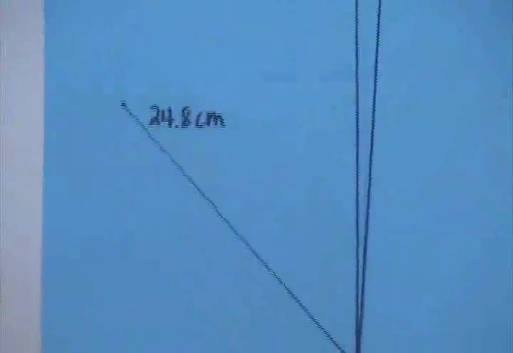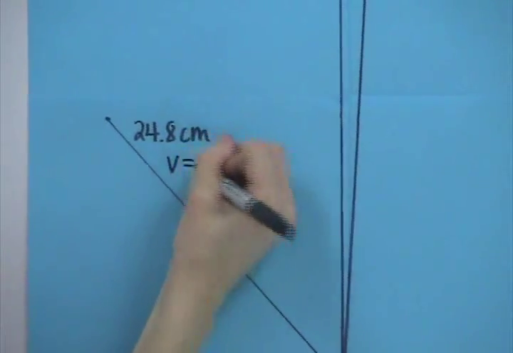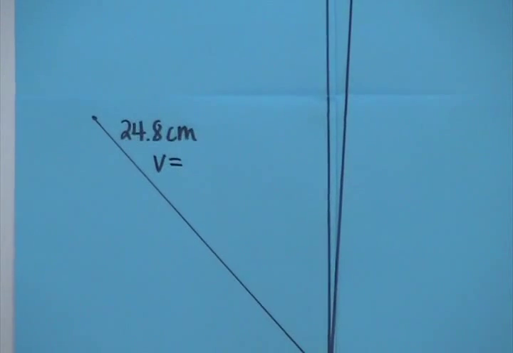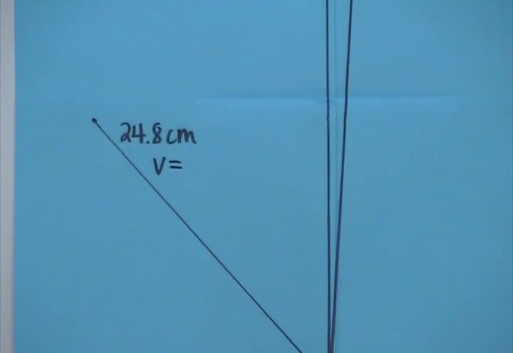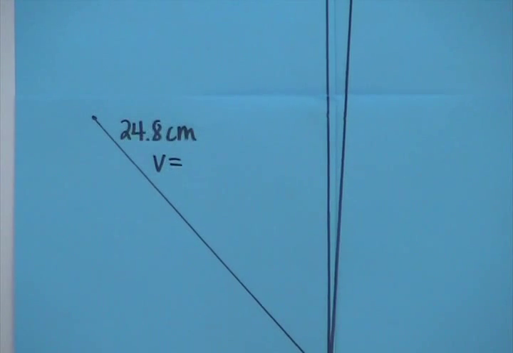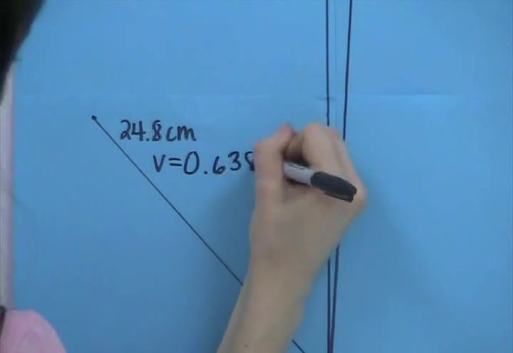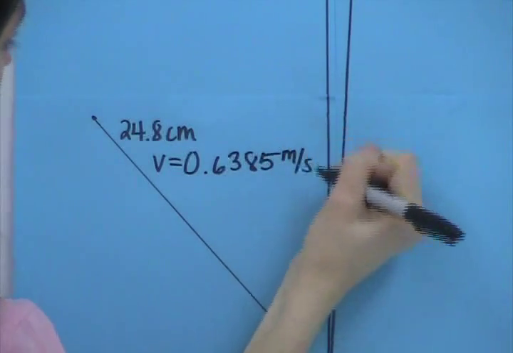And then we'll do the same thing over here. Once again, our speed will be our distance over our time, so 0.248 meters divided by our time of 0.3884 gives us a speed of 0.6385 meters per second for that ball.